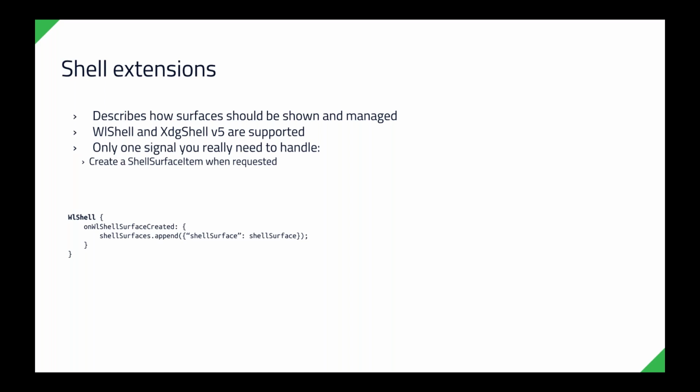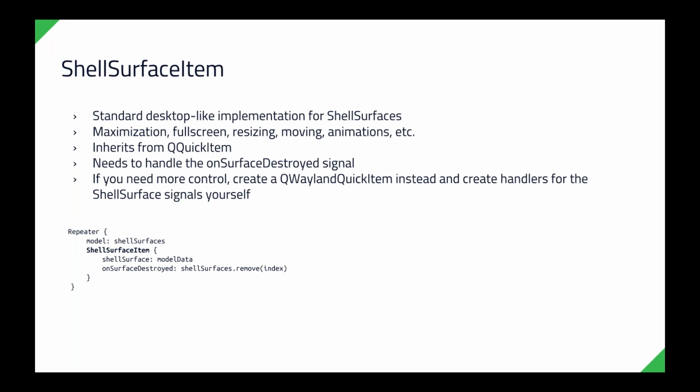The shell extension has one really important signal that you need to handle, and that's when the client has created a shell surface. So what we usually want to do is append the shell surface to a list of shell surfaces, and then use that list to instantiate the shell surface item, which I explained on the previous slide.